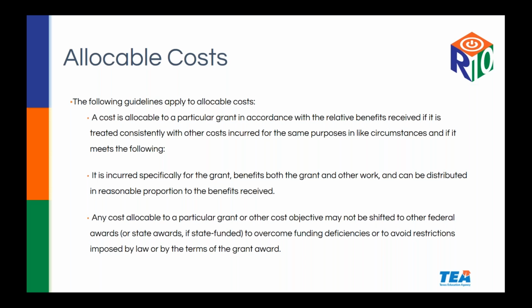Any cost allocable to a particular grant or other cost objective may not be shifted to other federal awards. So this piece here, your RNAA, gets a little bit into the weeds if you're not part of, let's say, those in the business office who really comb through this, or some of our federal programs folks who comb through this to make sure that all of these costs fall under this.